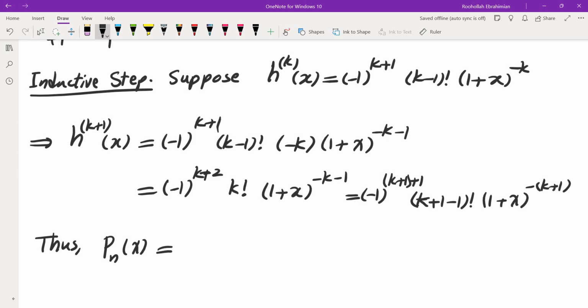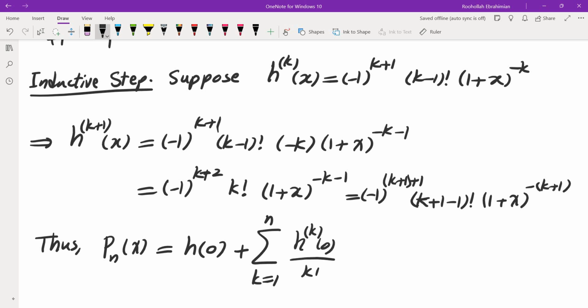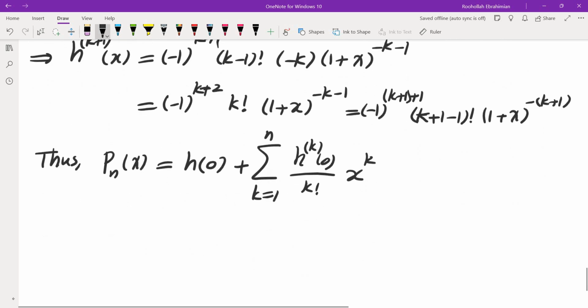So Pn of x becomes the sum k equals 0 to n. Well, the very first term, which is h of 0, must be done separately. So it's the sum k equals 1 to n, because the formula was different. hk of 0 divided by k factorial times x to the power of k. Now, h of 0 is natural log of 1, because it's natural log of 1 plus x, plus the sum of hk of 0.